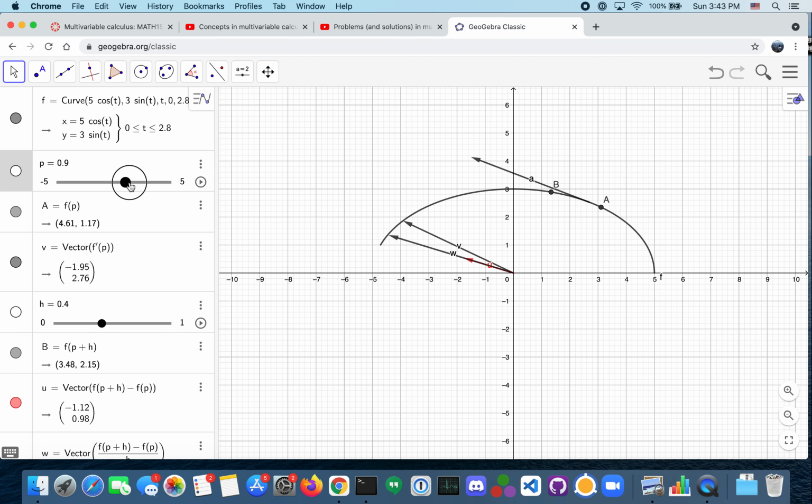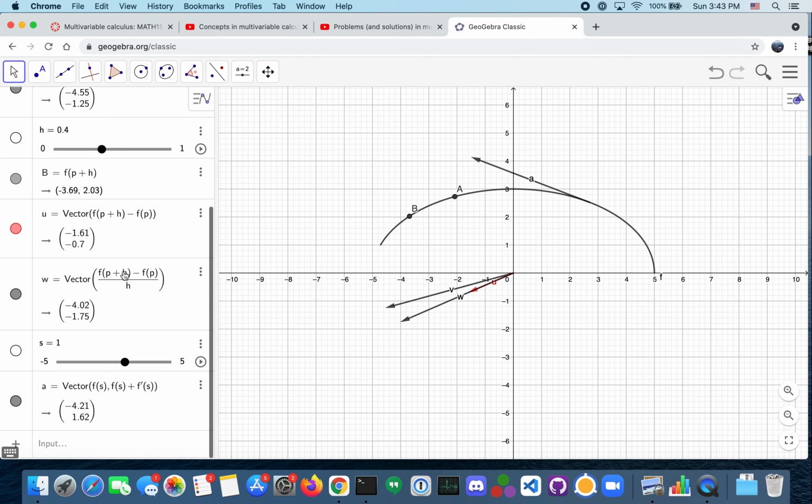That was the number. So I need to change this. This should be a p. This should be a p. This should be a p. There we go. Now this is just the velocity vector, but shifted so that it begins at the point f of p, and it goes away.